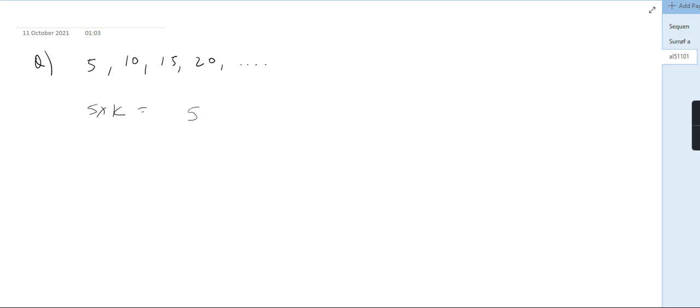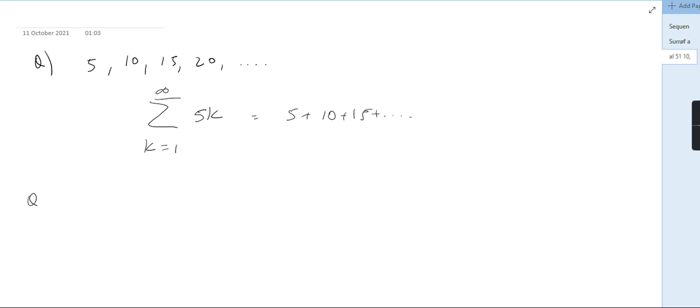So 5 times 1 is 5, 5 times 2 is 10, 5 times 3 is 15, right? This is the general representation. So the general representation of a number is 5 times k. So we can do this by taking the sum of all these numbers with k equal to 1. And since this is an infinite sequence, we put infinity to it, and this is nothing but 5, 10, 15, and this keeps on going.